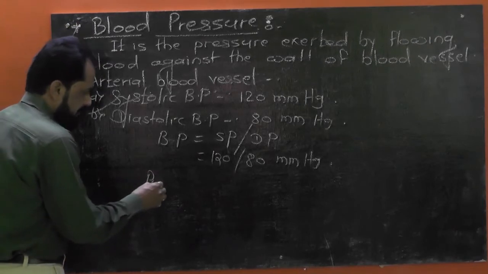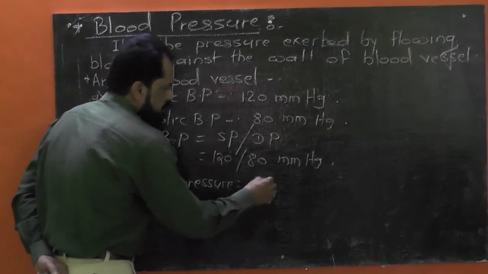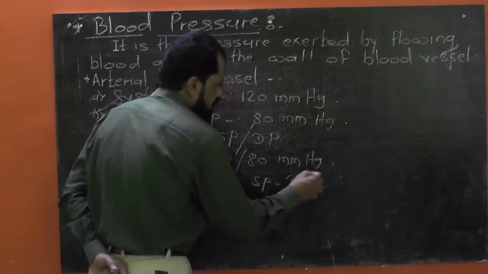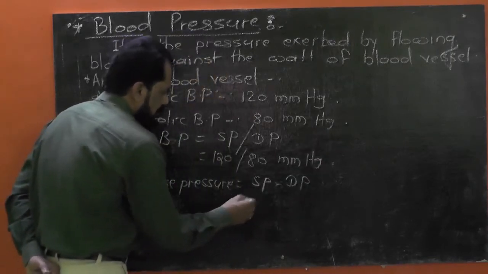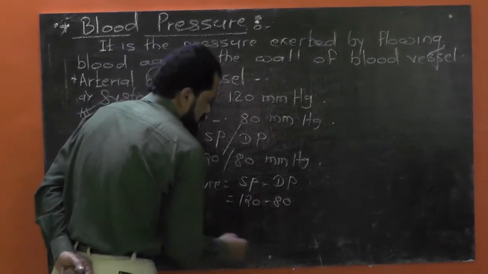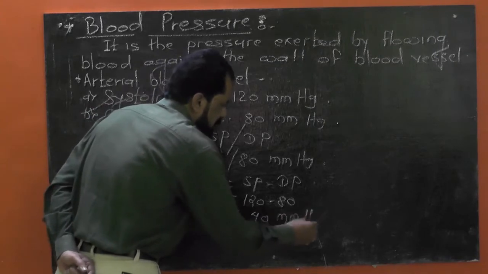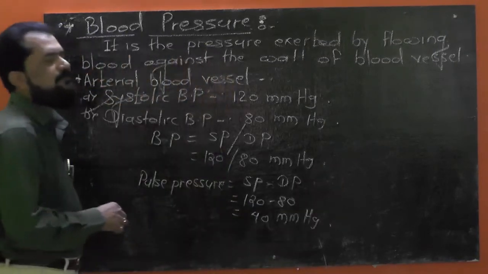Let me write. Difference between systolic pressure and diastolic pressure is known as the pulse pressure. It means the pulse pressure in normal adult human being is 40 mmHg.